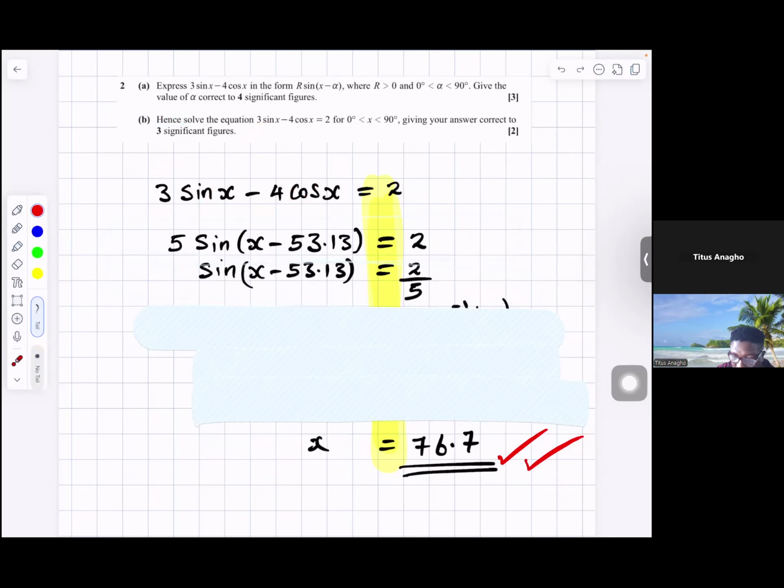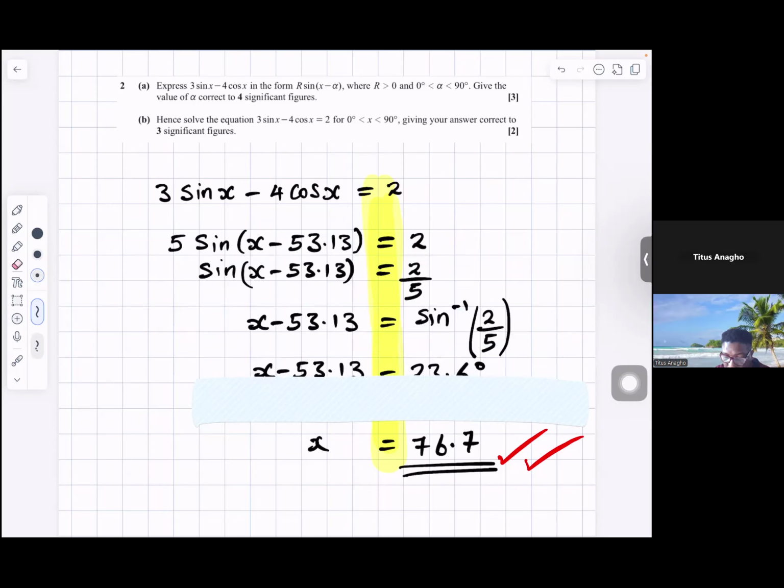So we would have it's times 5. You take it to the right, divide by 5. So it becomes x minus 53.13 equals inverse sine of 2 over 5. And then in your calculator, you get 23.6 degrees, and then you add 53.13, you get 76.7.